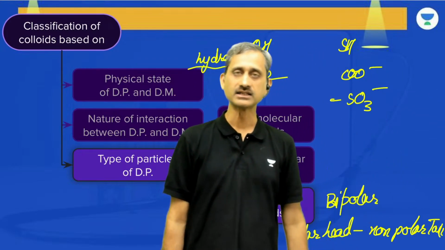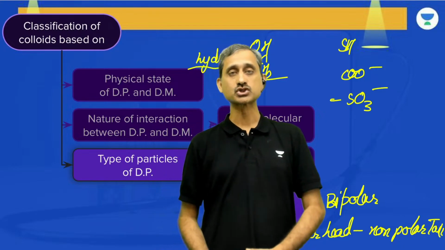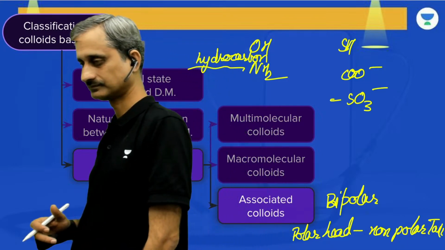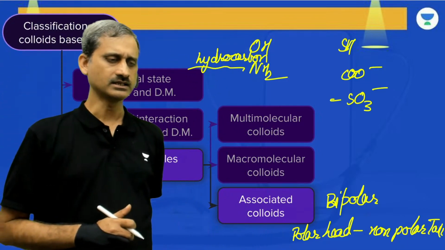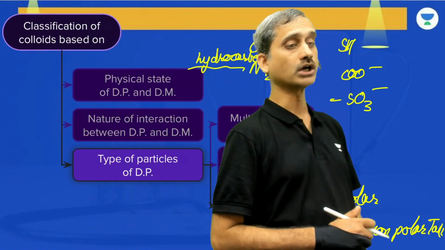But the fact is that Indians had been using Reetha as a natural detergent for a very long time. Okay, so that's what we have as the polar heads and non-polar tails.